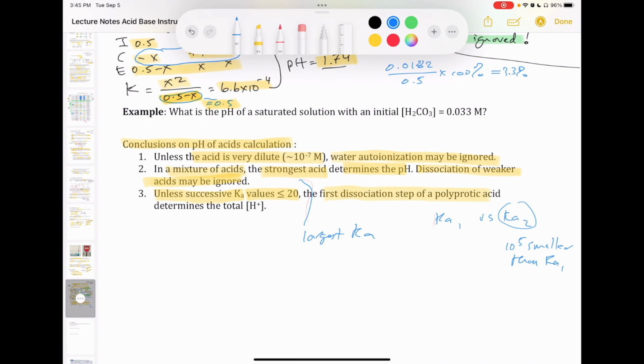Now, you need to keep in mind though, sometimes you are asked to calculate ions produced by the second dissociation step that are not H plus. Like in the problem that we just did, the second step produces H plus and carbonate. So if your concern is to calculate carbonate concentration, then you're going to have to calculate that second step, because that's the only way you can figure out how much carbonate is present. But if your goal is pH, then you can ignore that second step.